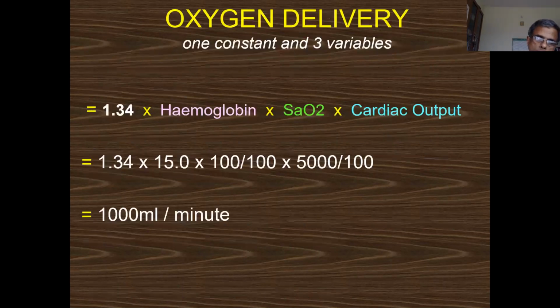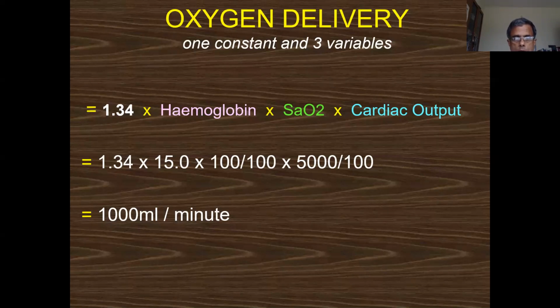Now let's see what the blood contains in terms of oxygen. 1.34 ml of oxygen is bound to every gram of hemoglobin at 100% saturation. And if you multiply that by the cardiac output, which is in liters per minute, but the hemoglobin is in grams per 100 ml, so you have to do a small mathematical twist there.